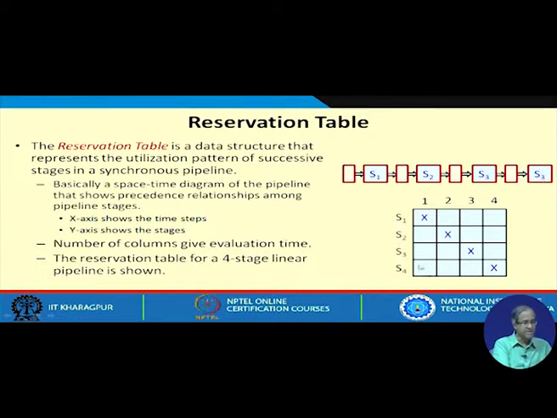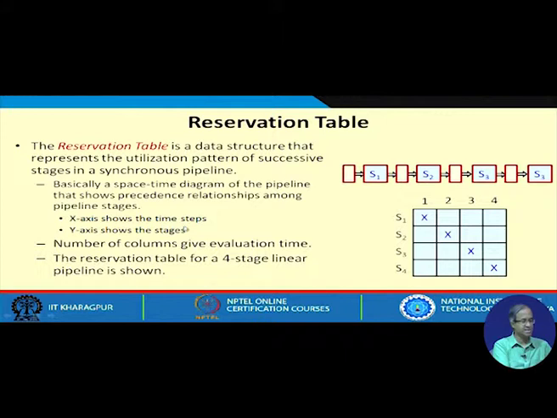So, you see the reservation table represents exactly that. On one side I show the stages, on the other side I show the time steps. First time step we use S1, second time step we use S2, third time step S3, fourth time step S4. So, this is basically a space time diagram, this is space and this is time, that shows the precedence relationship among the pipeline stages.